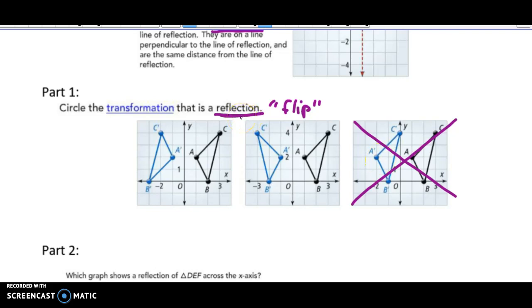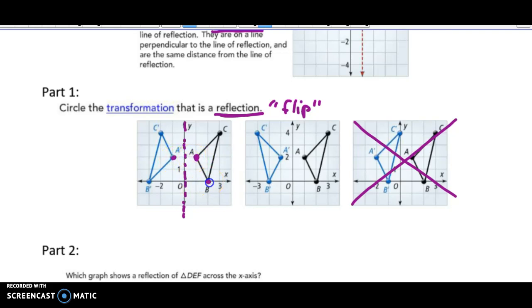To be a reflection, I'm looking for a line of reflection in between the original image and the map of its new image. So on this first one, it looks like the y-axis could be our line of reflection, as points A and A prime are each 1 unit away.